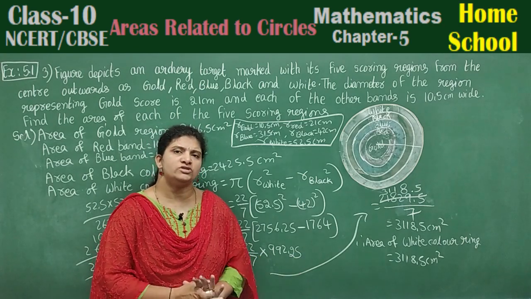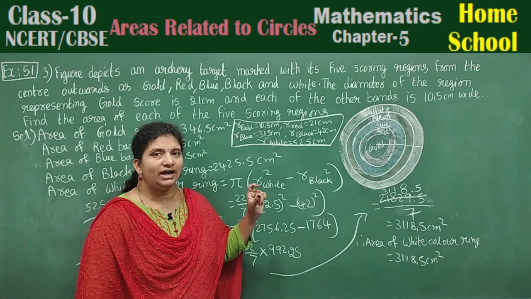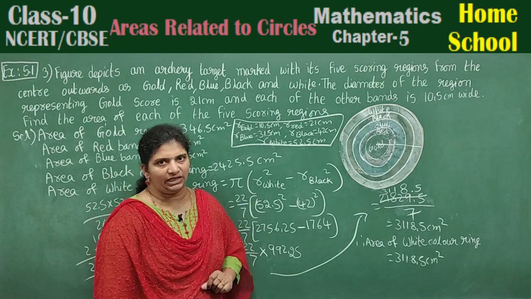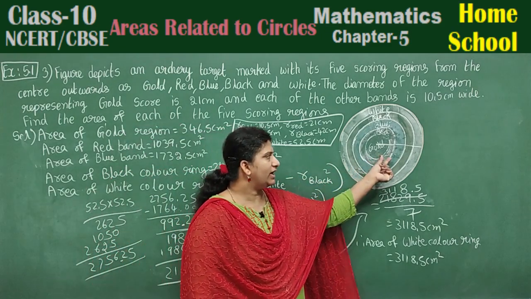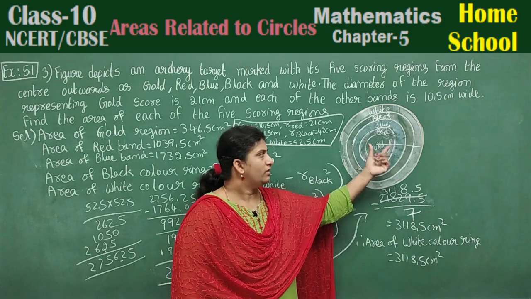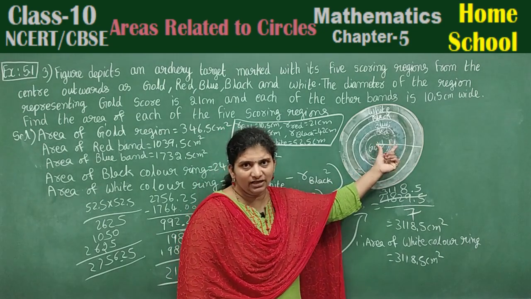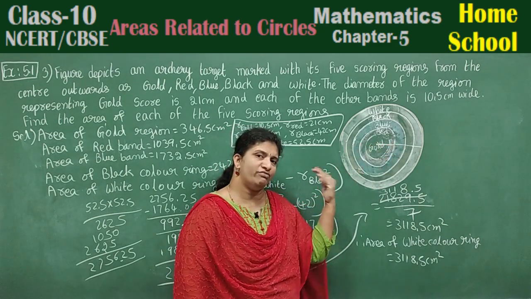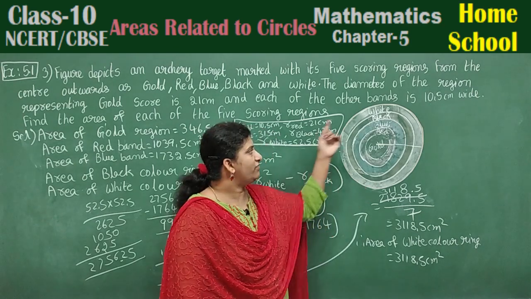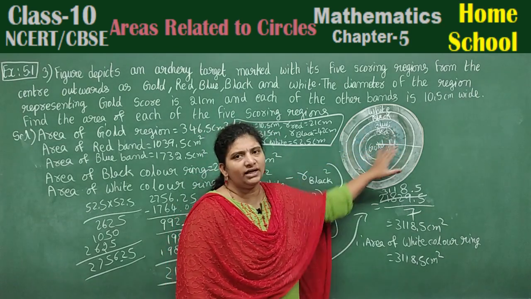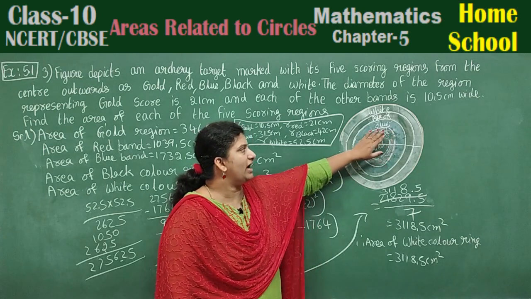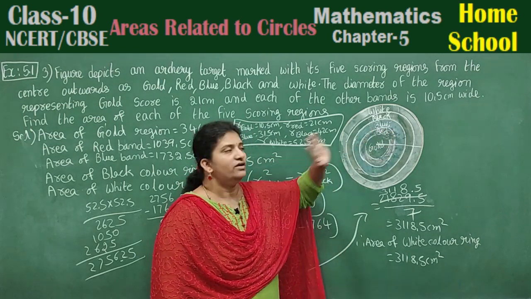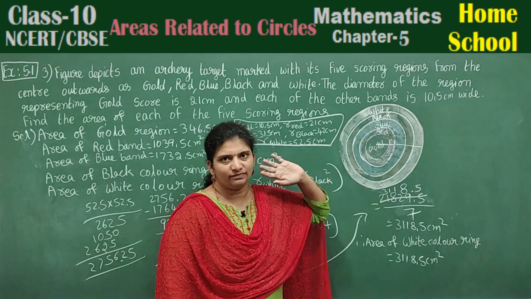First and the foremost thing you should know here, identify the ring carefully. So if you want to find red color ring area, full area of red circle minus area of before color gold circle. And if you want blue color, complete area of blue circle minus area of red color will give you blue ring. Okay.